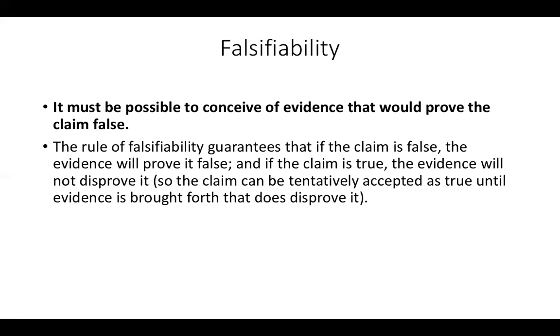So the rule of falsifiability guarantees that if the claim is false, the evidence will prove it false. And if the claim is true, the evidence will not disprove it. And again, as we discussed before, you cannot prove anything. So you can disprove, and if you're not able to disprove, then you can tentatively accept it as a truth and move on. So you will accept a certain theory as true until you get another study that disproves it. If you do multiple studies and you cannot disprove this concept, then most likely this concept is true.